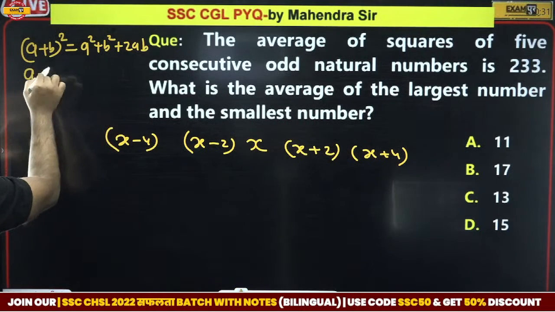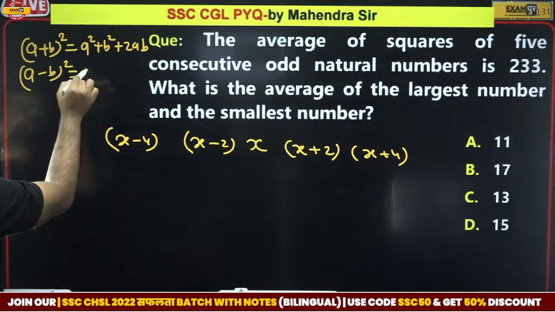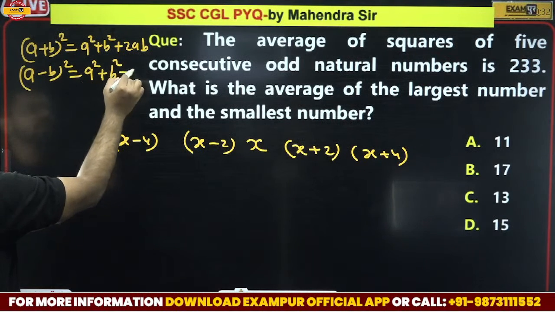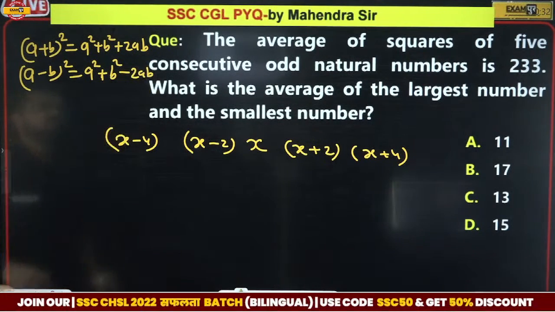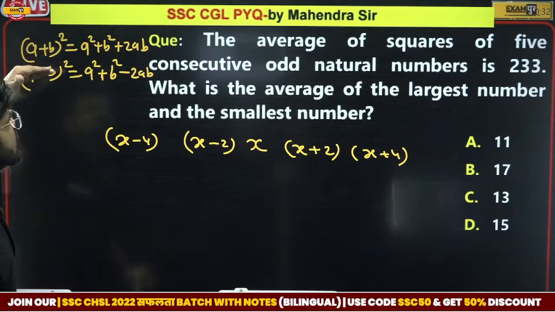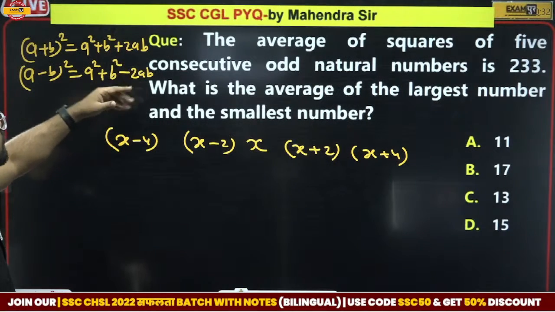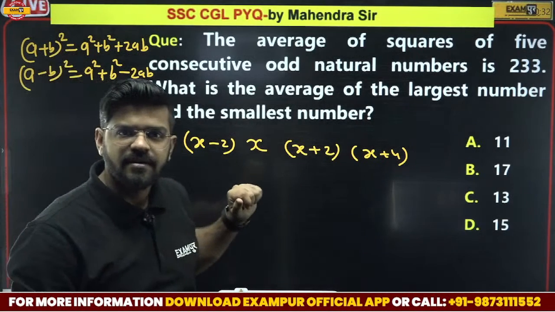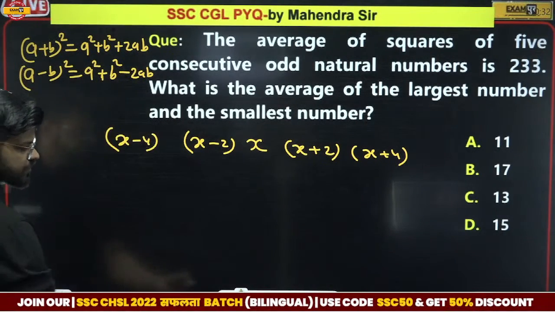And a minus b whole square is a square plus b square minus 2ab. When we add both of these, the 2ab terms get cancelled out. So we will get 2a square plus 2b square, nothing else, right? Clear?